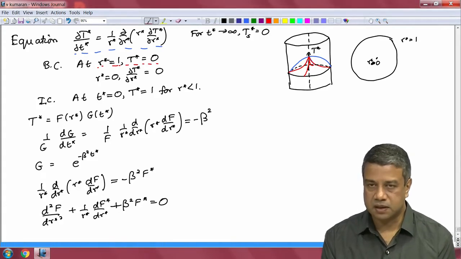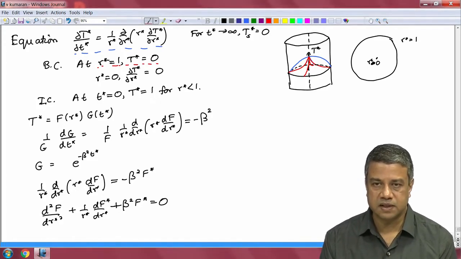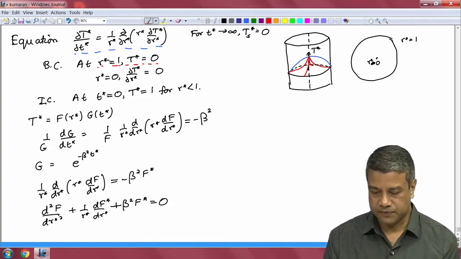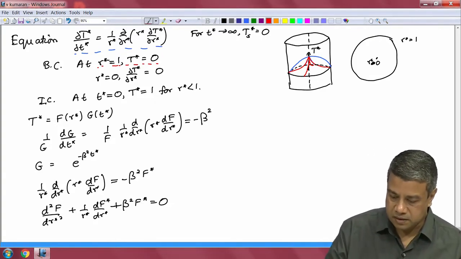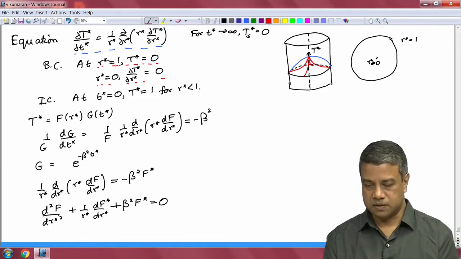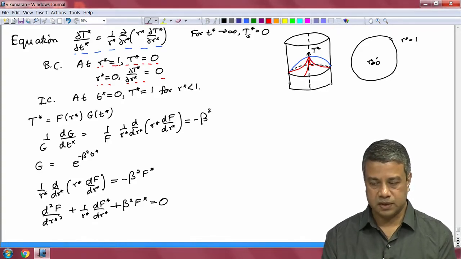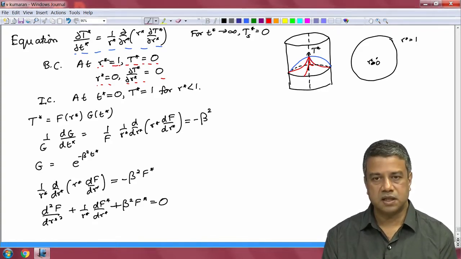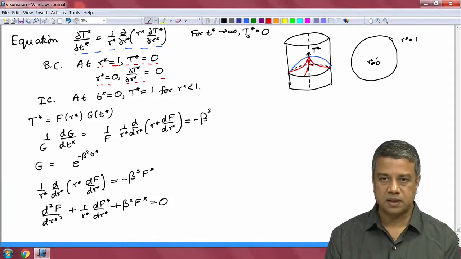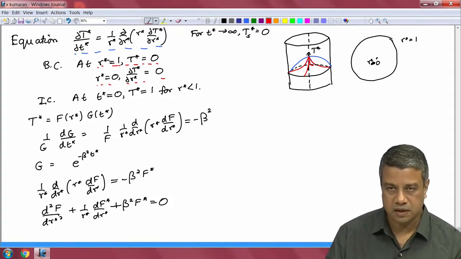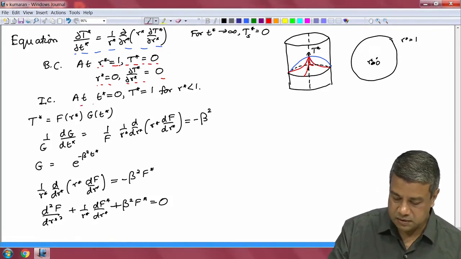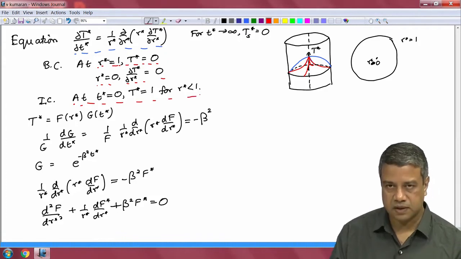The only way that the derivative is uniquely specified at that location is if the derivative is equal to 0. And from that we got the boundary condition that at r star equal to 0, the temperature derivative has to be equal to 0. So, this condition emerges from symmetry even though there is no physical boundary at r star equal to 0. And at t star equal to 0, the temperature was equal to 1 for all r star less than 1.